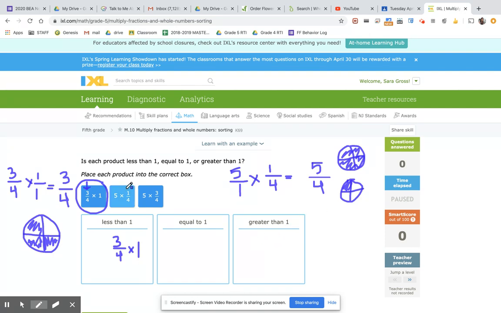So this equation is greater than 1. 5 times 1/4 would go here. And you can look at the product, 5/4, and just know that because the numerator is bigger than the denominator, it's going to be greater than 1.